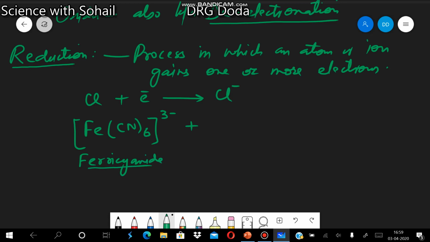Ferricyanide ion gains an electron and forms a ferrocyanide ion.